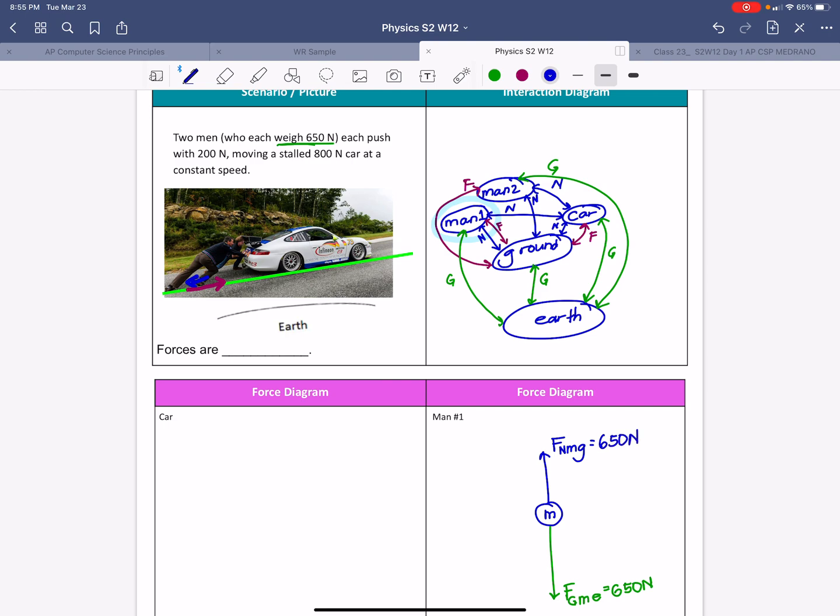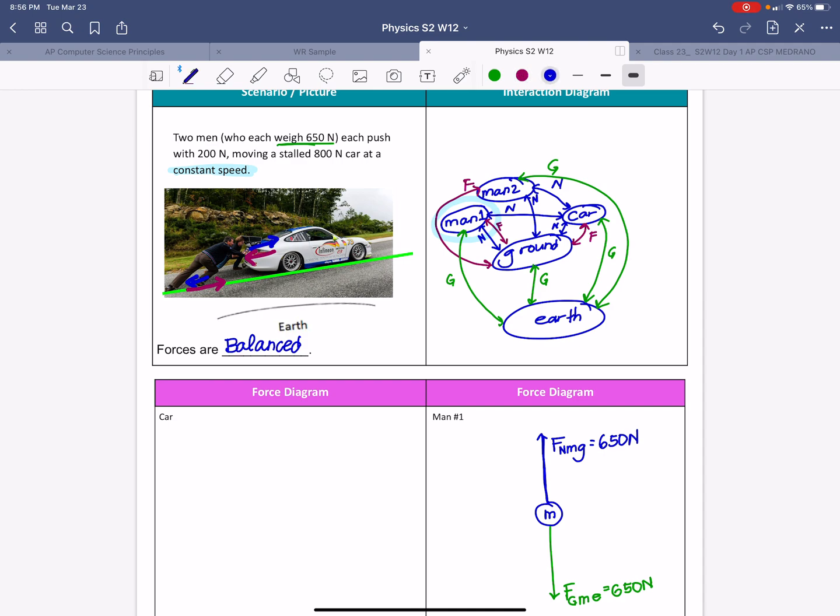Now this constant speed right here tells us that our forces are balanced. So that means our up and down is going to be equal to each other, and our side to side is going to be equal to each other. So let me just draw this so that it looks more equal to the bottom arrow. So we have the man pushing on the car to the right, and the car is pushing on the man to the left.